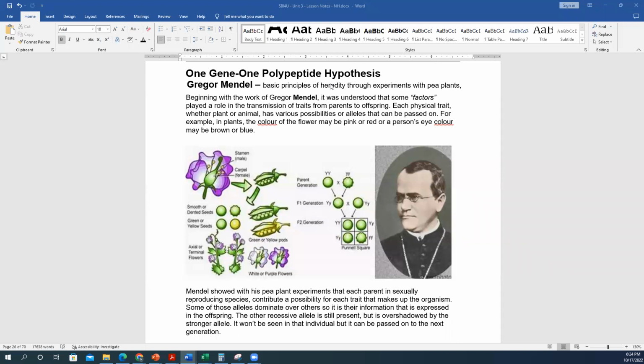And we know today that these factors are actually genes, and that genes provide instructions for the production of proteins that have specific functions in the cell, and those functions eventually get expressed as phenotypes, the physical traits that we see passed down from generation to generation, from parent to offspring.